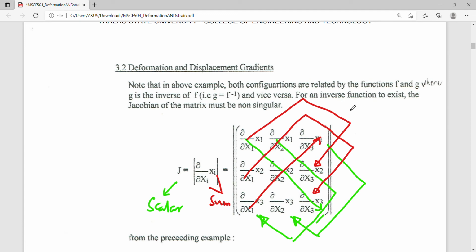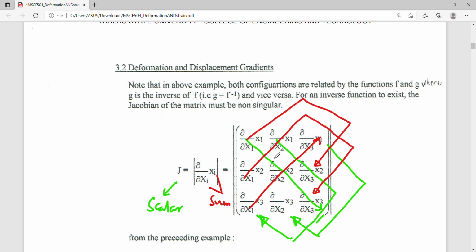Therefore, in matrix linear algebra, for an inverse function to exist, or for a set of equations to have a solution, one way of checking is to get the Jacobian of the matrix, and this must not vanish in order for the set of equations to be non-singular.